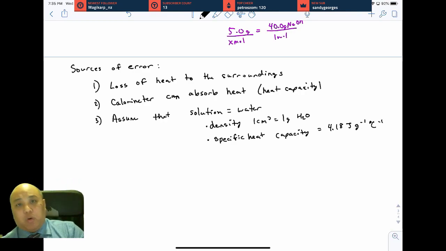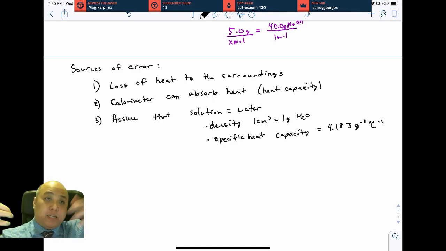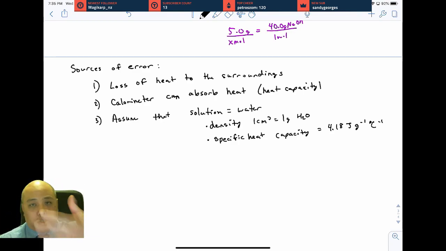Now, again, you are making some assumptions, because anytime there's something in the water, that affects the specific heat capacity, that affects density. But we're assuming that for our sake, to simplify things, that those things are equal. Usually the IB question will say that as well when you're solving it. But you can safely make those assumptions because the molarity usually is so low that it's 99.9% water, so it's not that big of a deal. Okay.